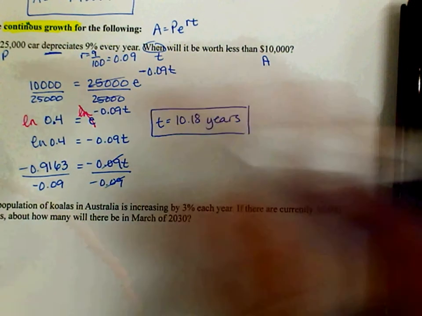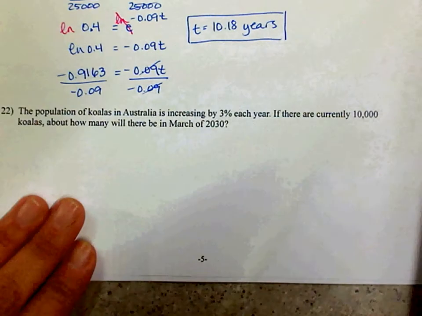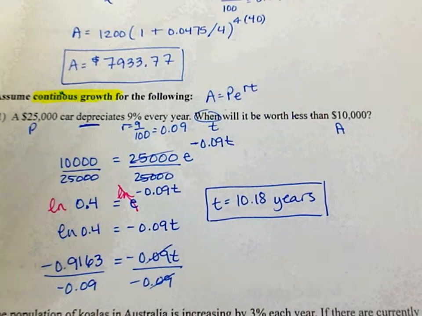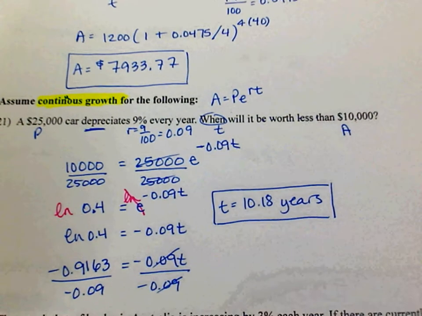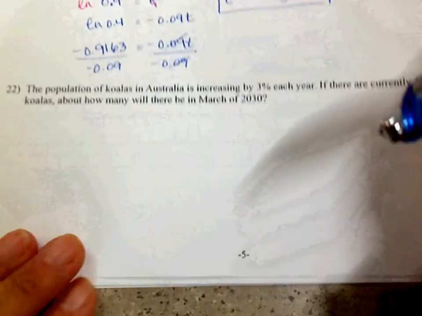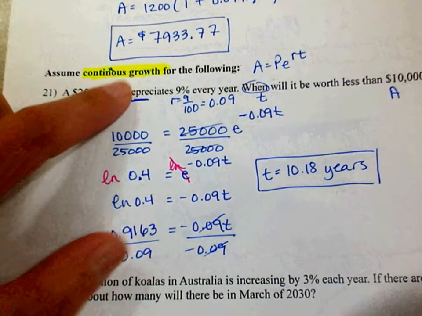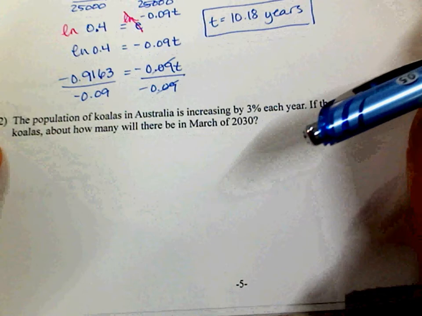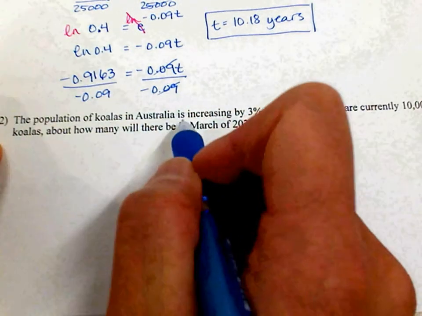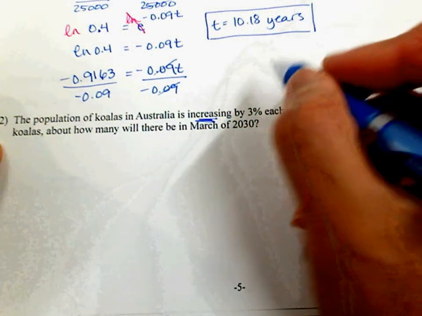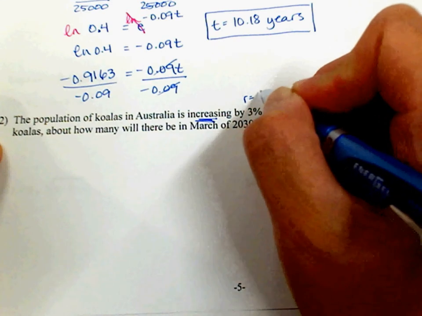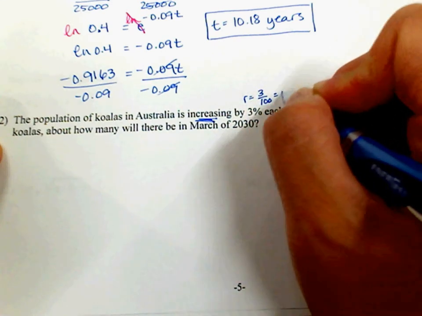All right, let's go to number 22. Oh, my apologies. I don't know what happened there. Maybe I was moving too early. Okay, here we go. It says assume continuous, so this one's also continuous. The population of koalas in Australia is increasing by 3% each year. So that's 3 divided by 100, which is 0.03.